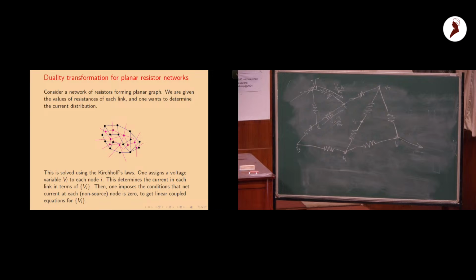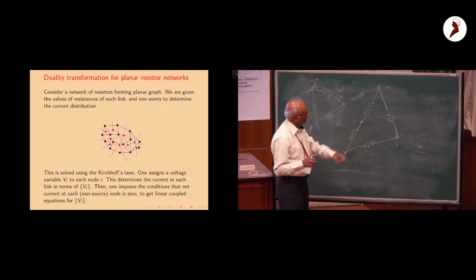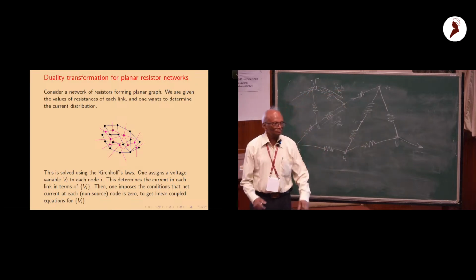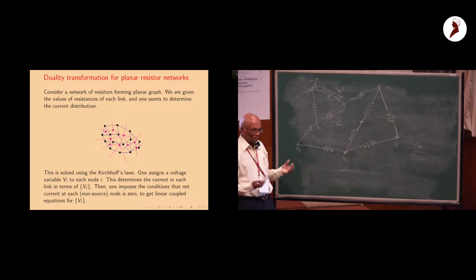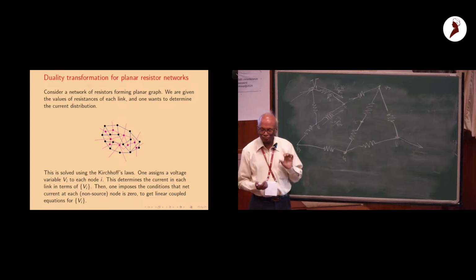Then they become coupled linear equations in the Vi's. This is a little bit of a problem: if you increase all the Vi's by the same amount, then the currents don't change, and so the voltages are only defined up to differences.